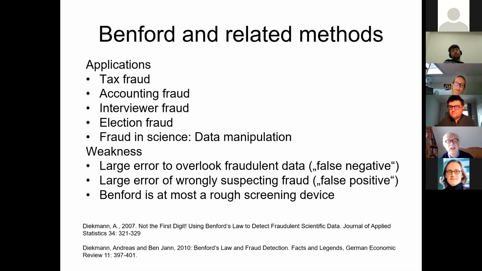There might be large errors, overlooking fraudulent data even if they are present. This is a false negative. And there's also the possibility of a false positive, that you are wrong in your suspicion of fraud. So what I see now, honestly, is that Benford is at most a rough screening device. It has some virtues, but you should also know the shortcomings of this method.